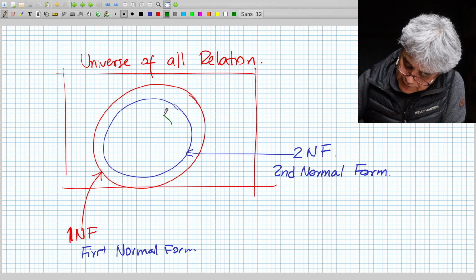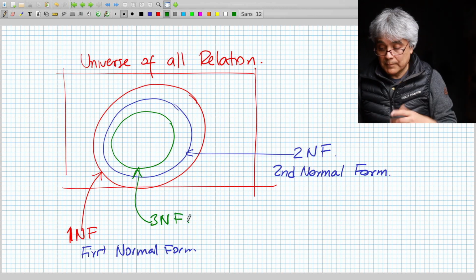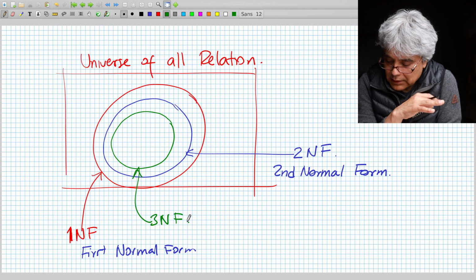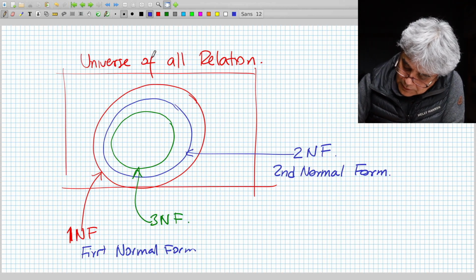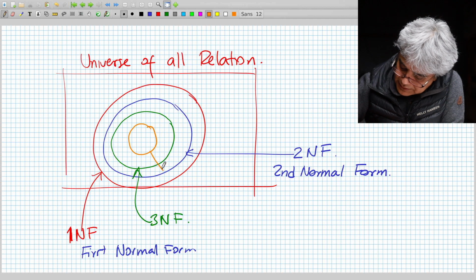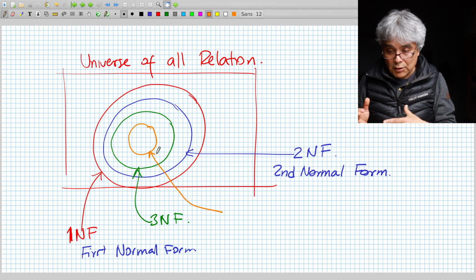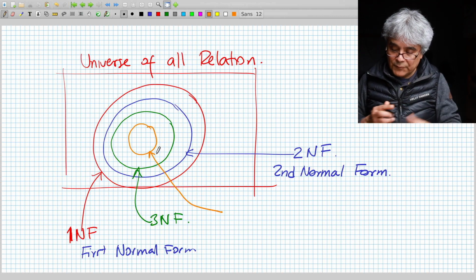There is another set inside here that is 3NF, third normal form. This is way more interesting, and we'll see actually why in this segment. And then the ideal one, the one that we wish that every relation satisfied, is a subset of 3NF, and 3NF is a subset of 2NF, and 2NF is a subset of 1NF.